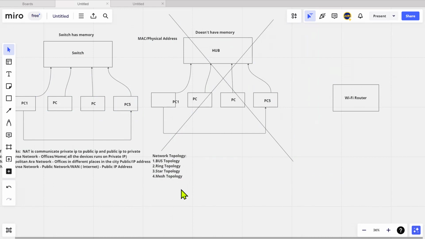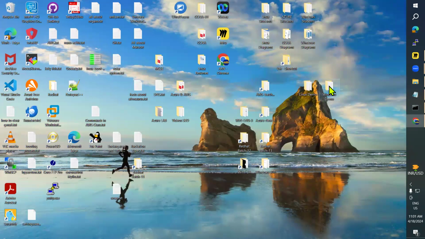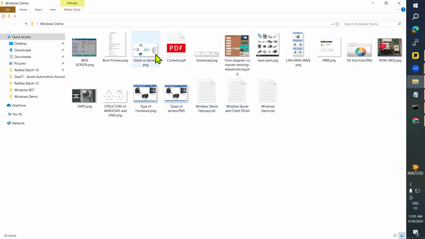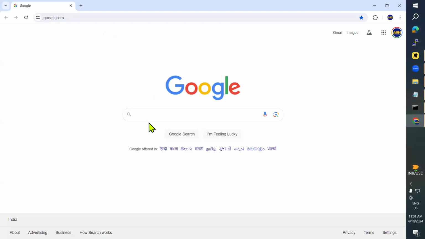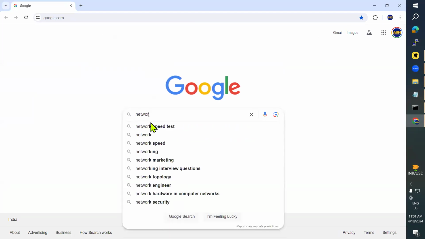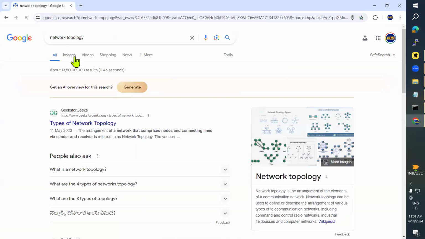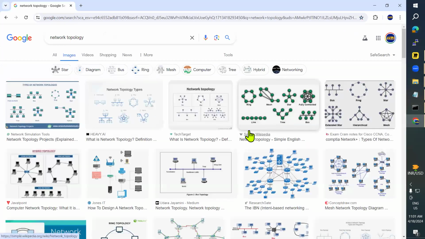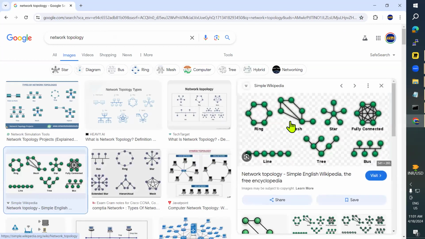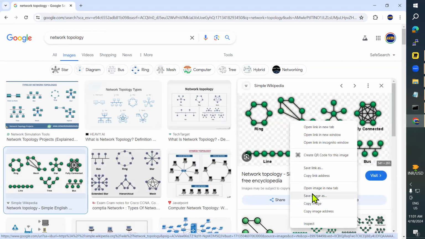Yesterday we discussed how the topologies look. Let me copy this.